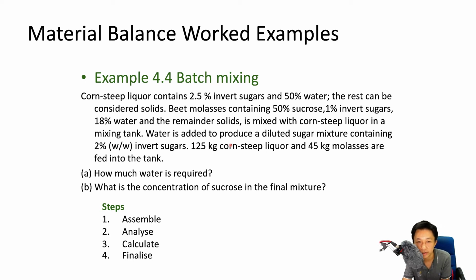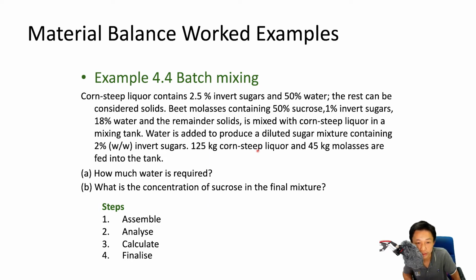Water is also added in another stream. And then this is your product. Again, 125 kilograms of corn steep liquor and 45 kilograms of molasses. Molasses is some sugar. Fed into the tank.